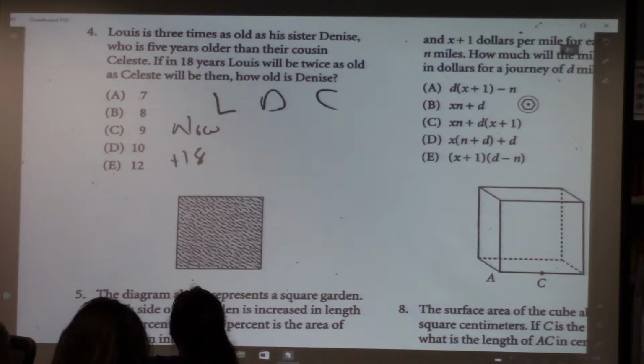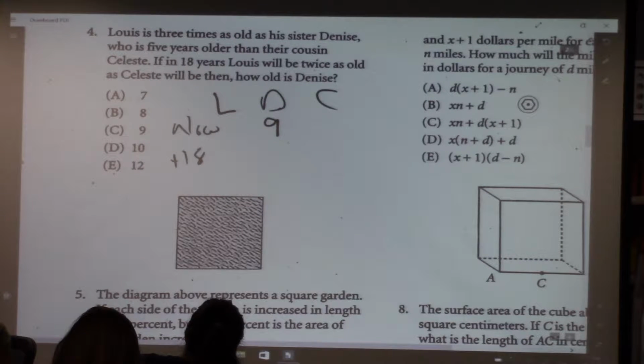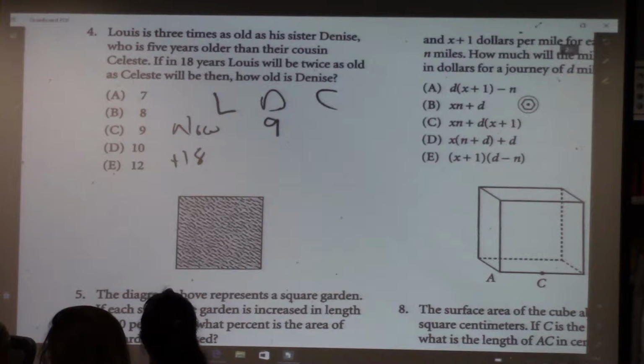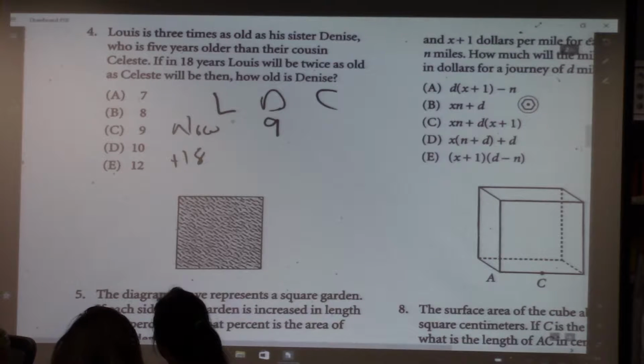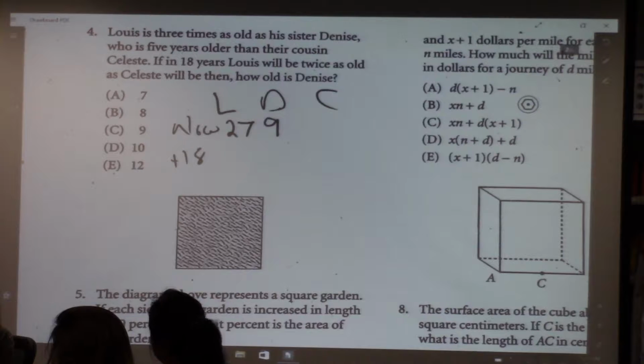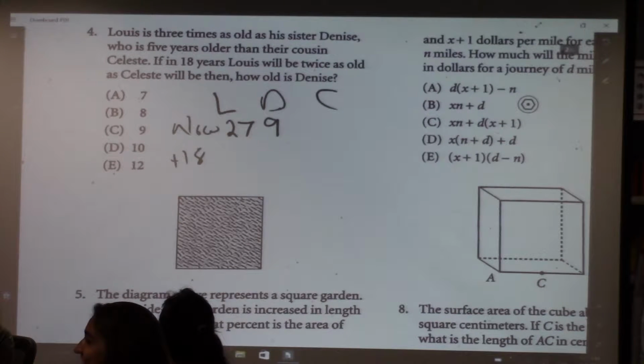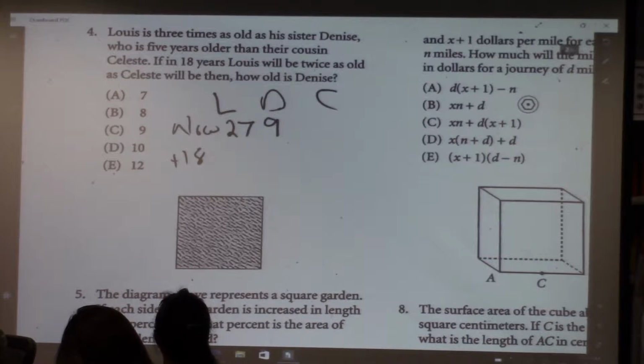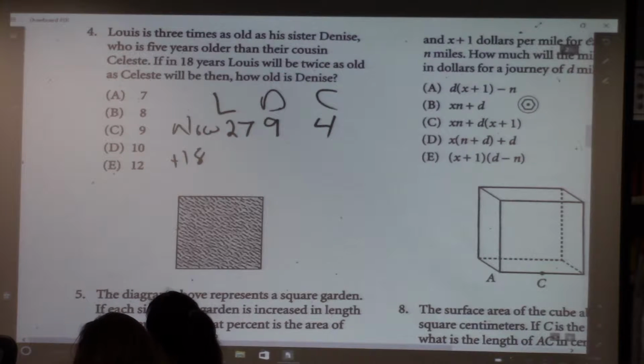We'll start with C. Okay, so if Denise were 9, let's just work through it. It says that Lewis is 3 times as old as his sister Denise, so how old is Lewis? 27, right? And Denise is 5 years older than her cousin Celeste, so how old is Celeste? 4, good. Then in 18 years, Lewis will be twice as old as Celeste.